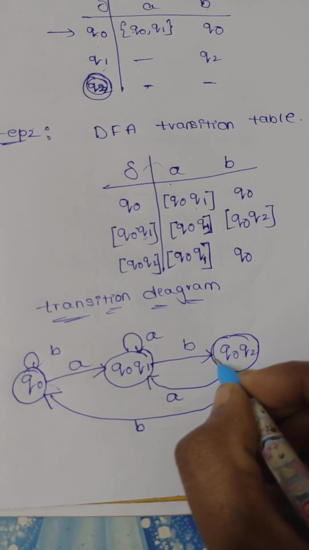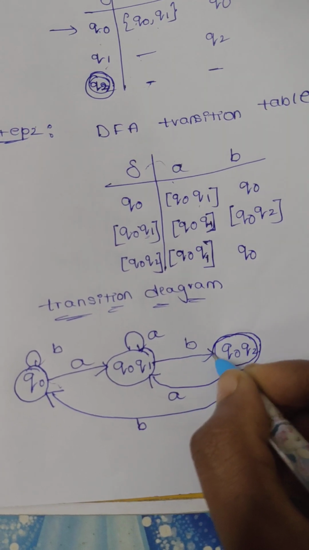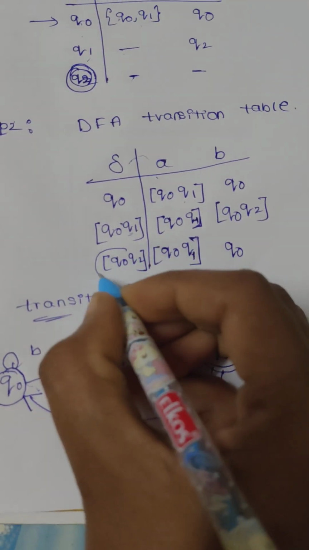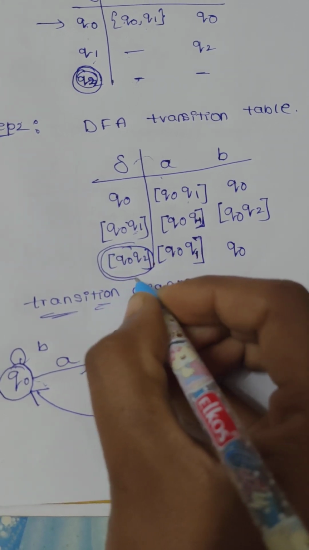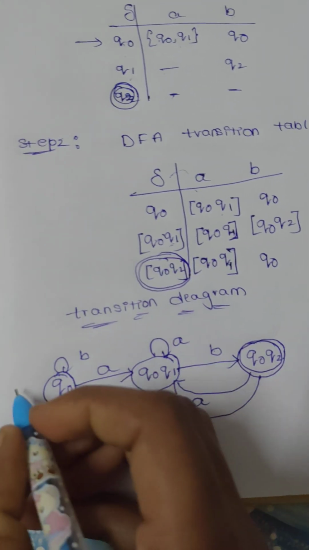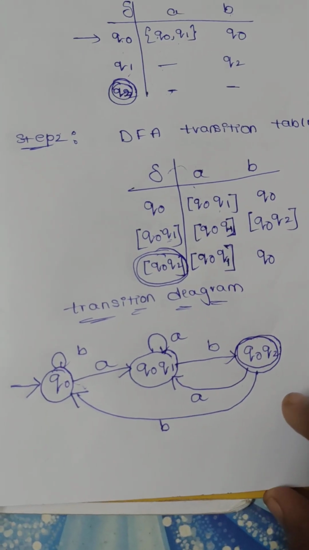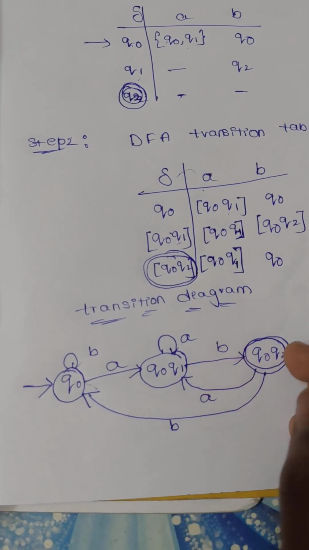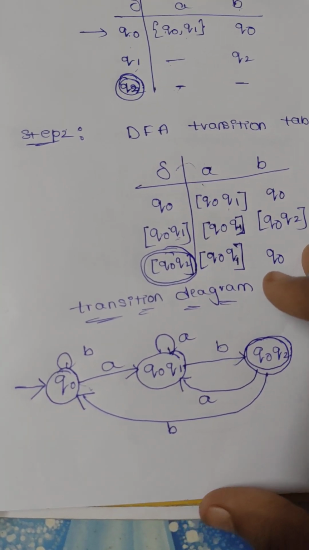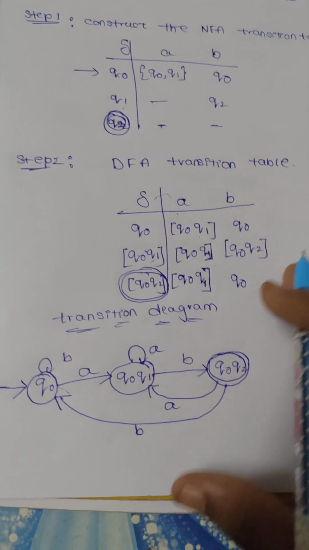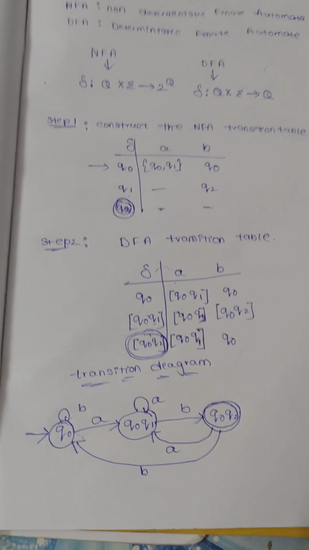This is the final state, and this is the initial state, and each specific input leads to only one state. So this is the DFA transition diagram.